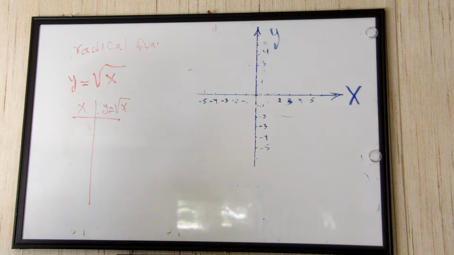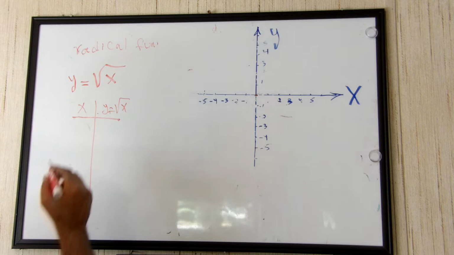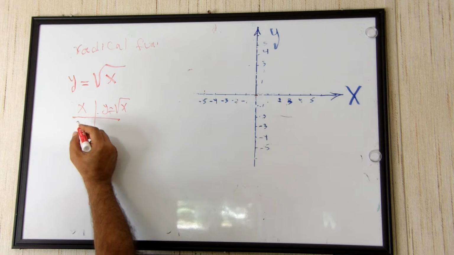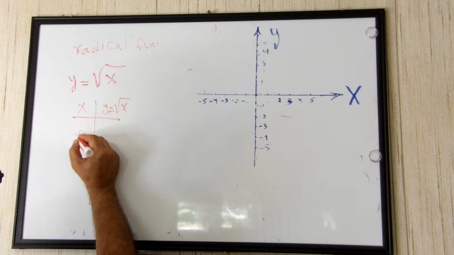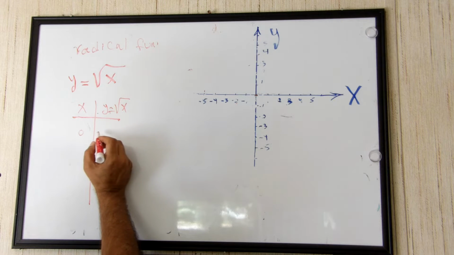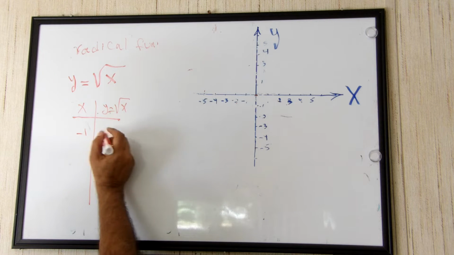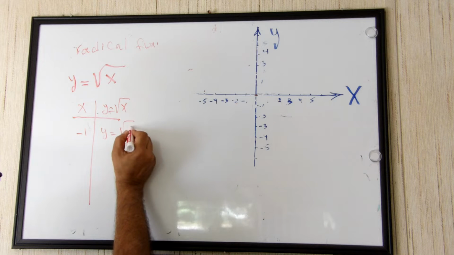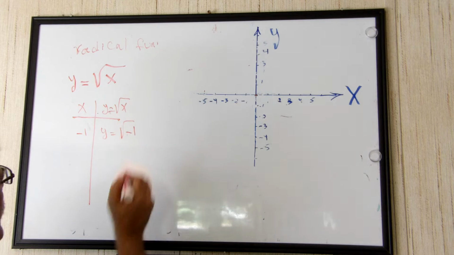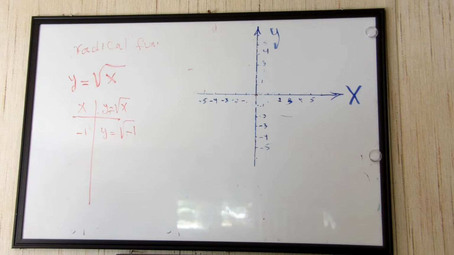It's better with just an integer. So let's see, if we give zero, first of all let's start from -1. See how it works. It's going to be the square root of -1. It's an imaginary number, we'll talk about that later.